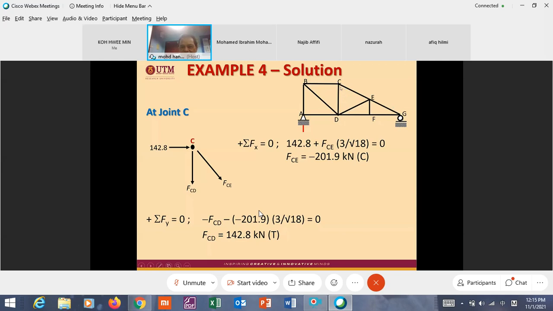And now, when you know CD, then 1, 2, 3, we know this force, then we can go to D. Can we go to E? Cannot, because there are 4. If you know only 1, the other 3 are unknown.